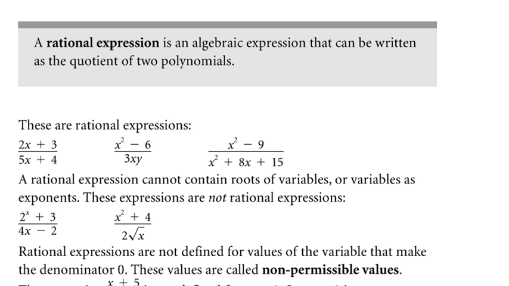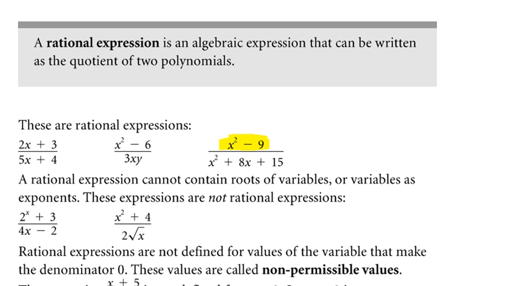Okay, and now let's just take a second to have a look at what a rational expression is. So a rational expression is basically a polynomial over a polynomial. Hopefully you know what a polynomial is from previous grades. It's basically anything with variables taken to any power, like 1, 2, 3, 4, 5, 6, any natural number power.